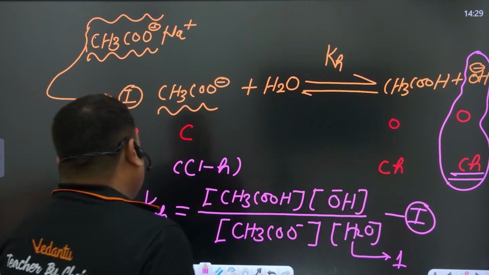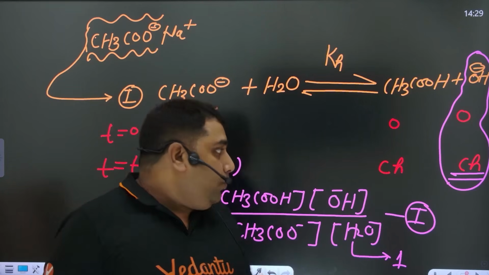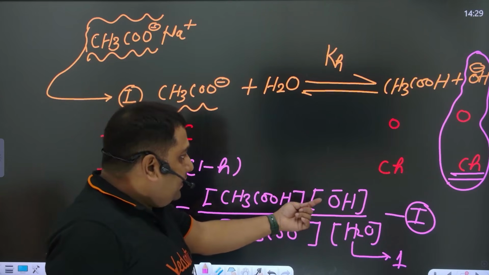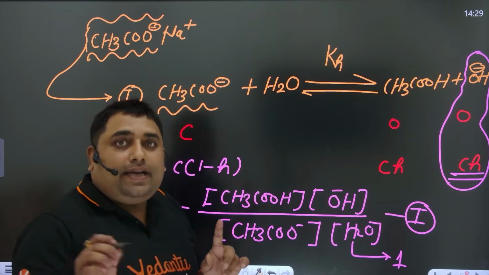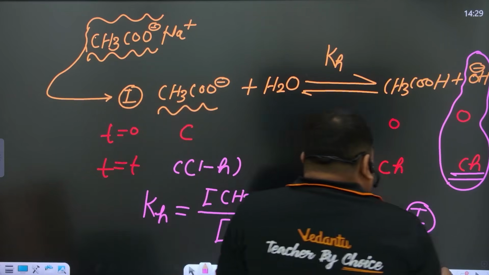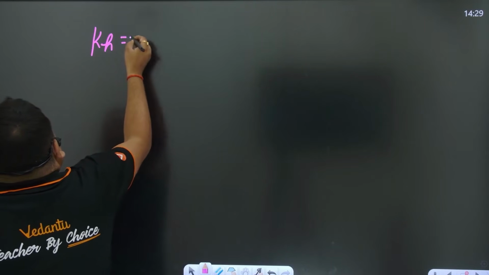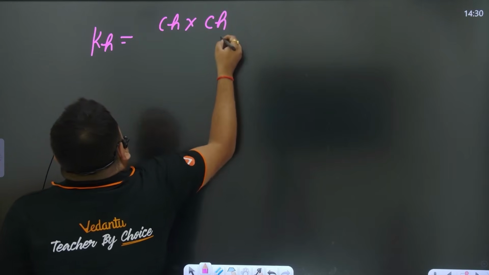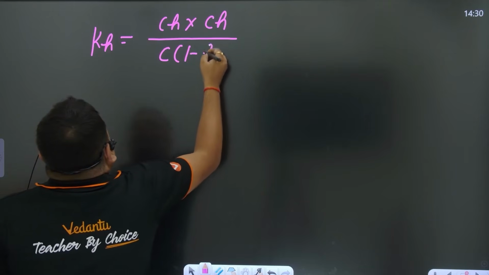Okay, this is equation number 1. Now we have to put the values of concentration of acetic acid, concentration of OH minus ion, and the concentration of acetate ion in terms of C and h. Now if we put these values, then we get Kh is equal to Ch into Ch divided by C(1 minus h).